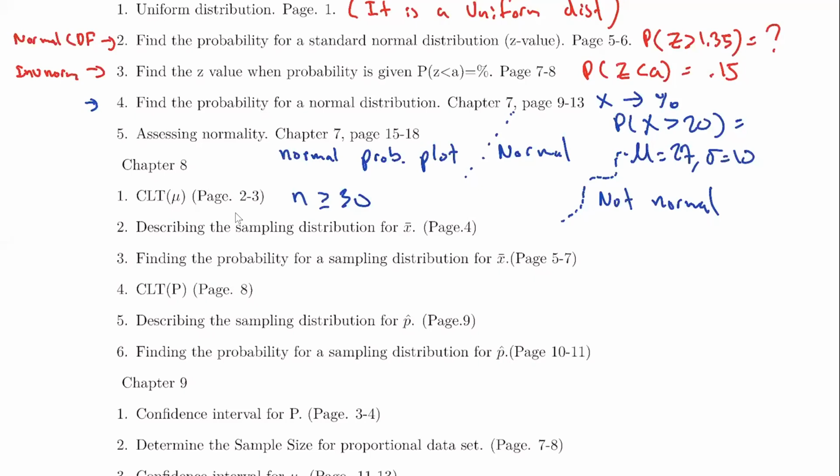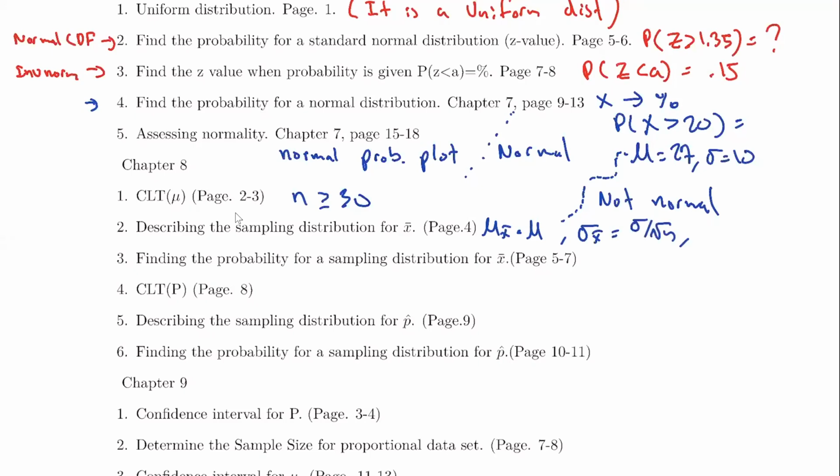Describe the sampling distribution of X bar. To describe the sampling distribution of X bar, you're going to give me mu of X bar, which is mu, and sigma of X bar, which is sigma divided by square root of n.